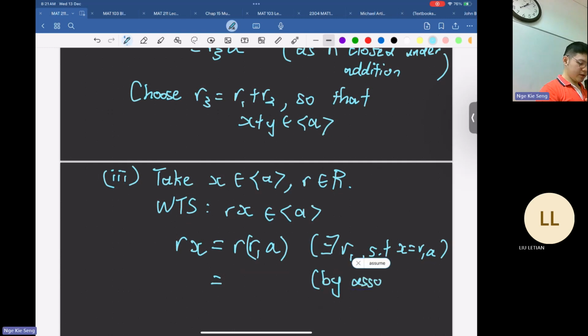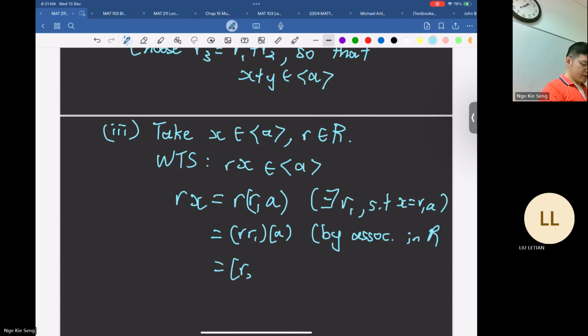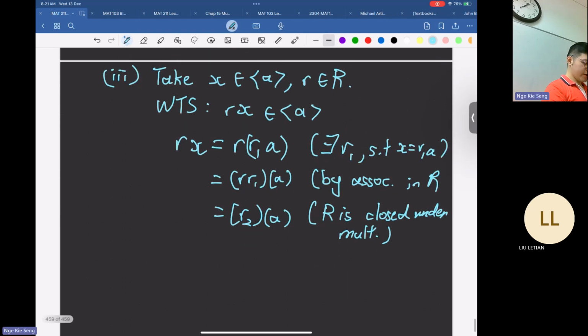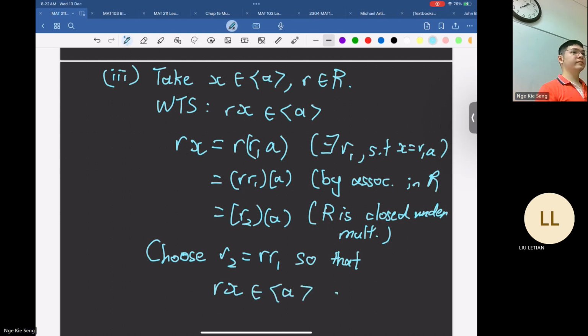By associativity in R, I can write this as (r times r1) times A. But again, R is closed under multiplication, so we can choose r2 equal to r times r1, so that rx is in the principal ideal.